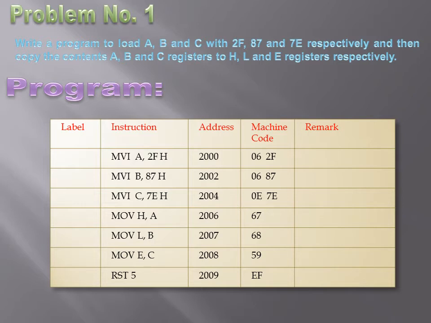We select the accumulator, B register and C register for loading the bytes. You can see MVI A, 2FH, MVI B, A7H, MVI C, 7EH. Then we move A to H, B to L and C to E. So what was the task that has been performed? Then we have a temporary halt, RST.